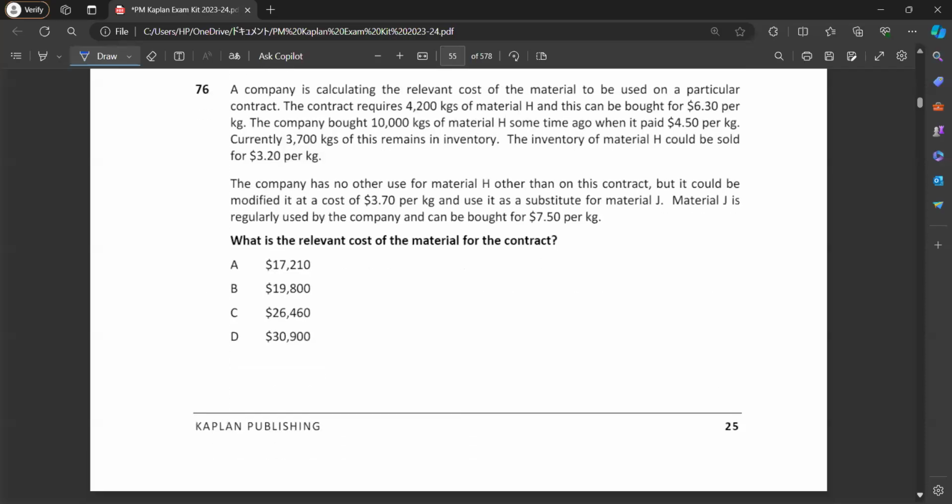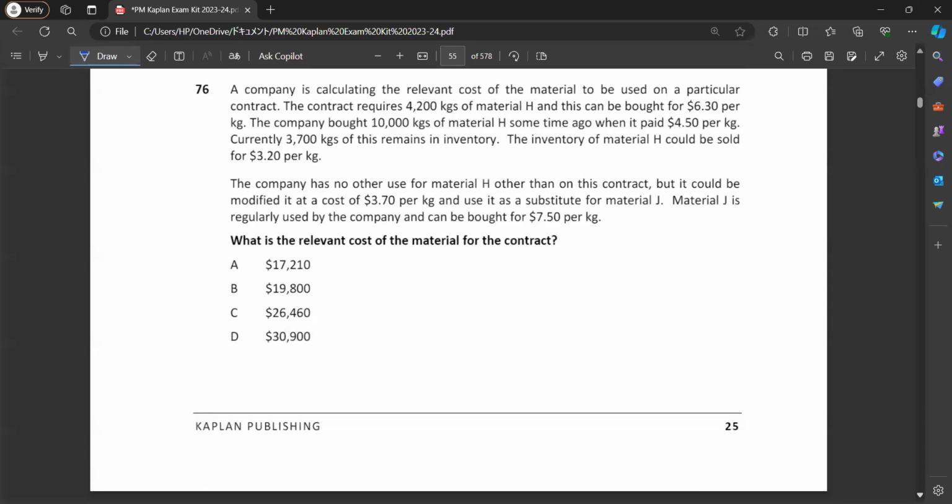76. A company is calculating the relevant cost of the material to be used on a particular contract. The contract requires 4,200 kgs of material H, and this can be bought for 6.30 per kg. The company bought 10,000 kgs of material H some time ago when it paid 4.50 per kg. Currently, 3,700 kgs of this remains in inventory.